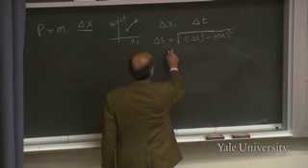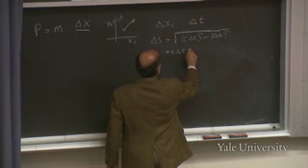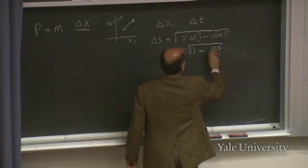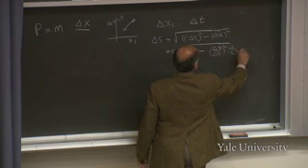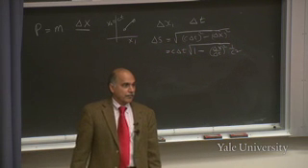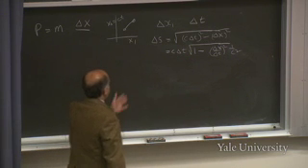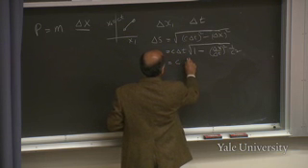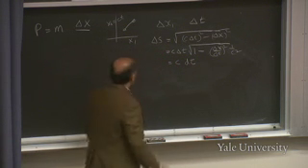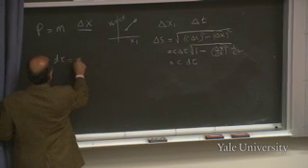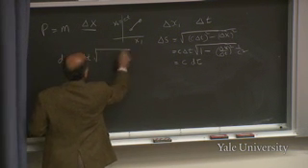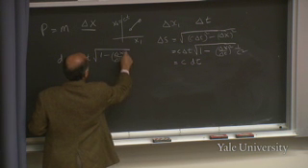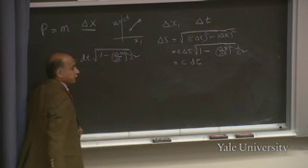Let me write it slightly differently, as c delta t times the square root of 1 minus delta x over delta t squared times 1 over c squared. So we are asked to divide by this crazy thing. Well, let me write this crazy thing as c times something I want to call d tau. D tau is dt times the square root of 1 minus delta x over delta t squared times 1 over c squared.